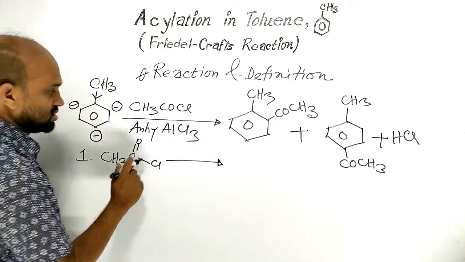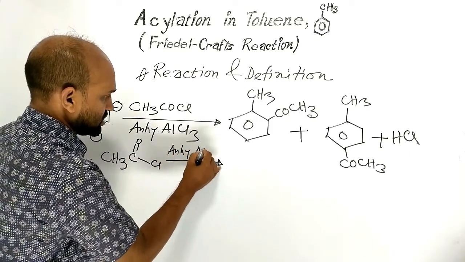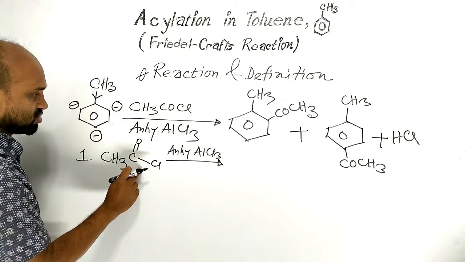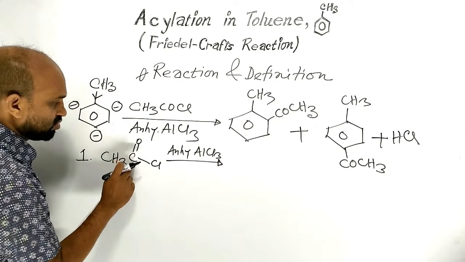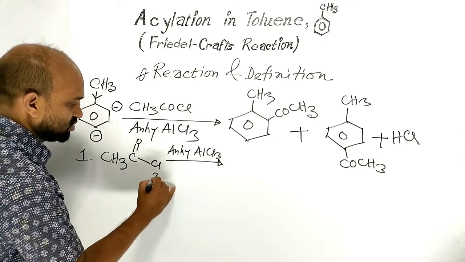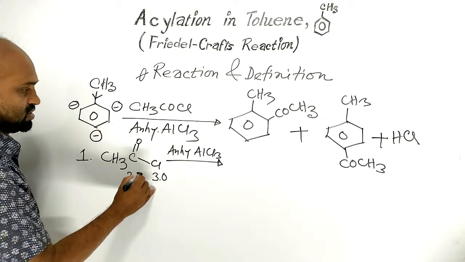Acetyl chloride, in the presence of anhydrous aluminum chloride, undergoes heterolytic fission of the carbon-chlorine bond. The electronegativity of chlorine is 3.0, carbon 2.5.